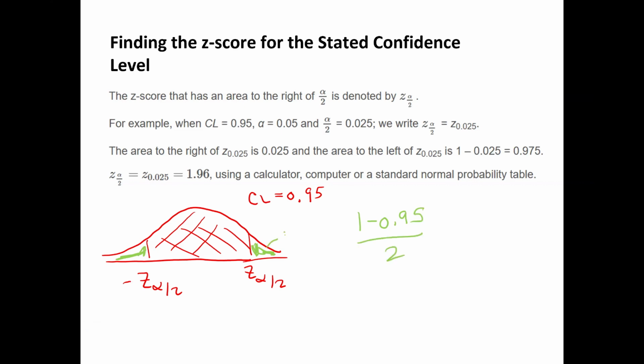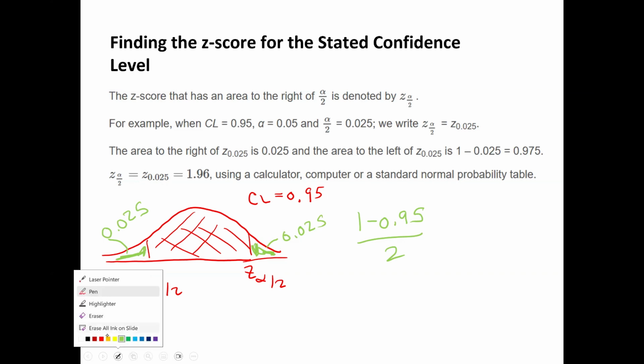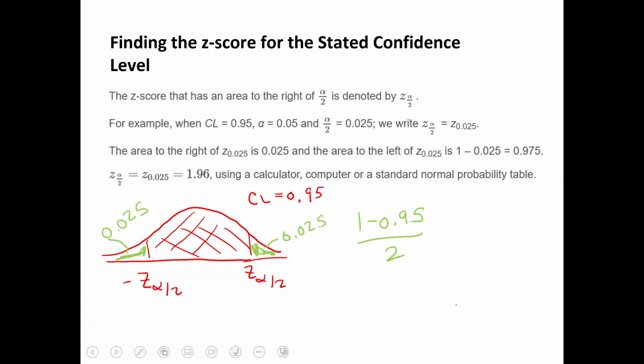So is that 0.025 and 0.025? So z sub alpha over 2 can be found.